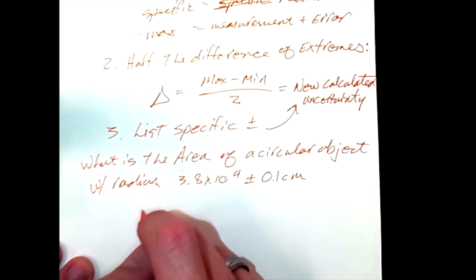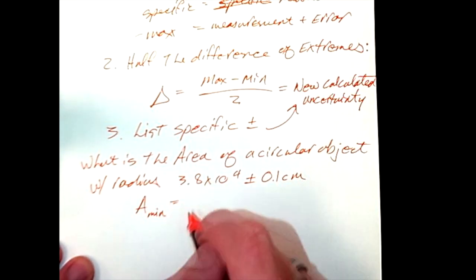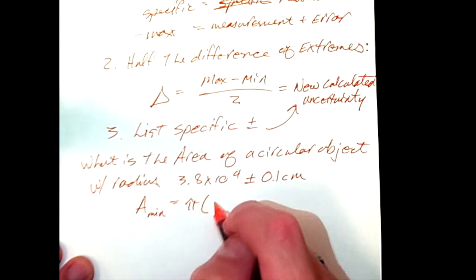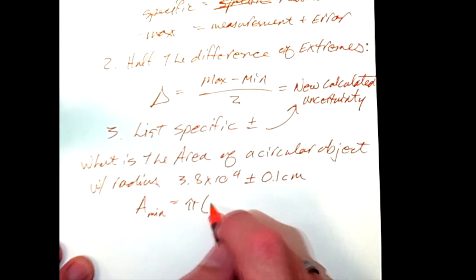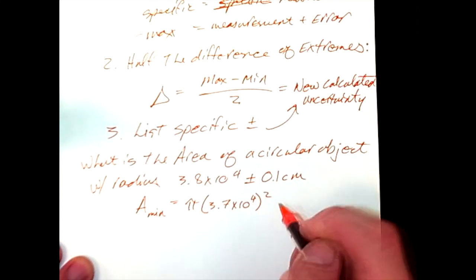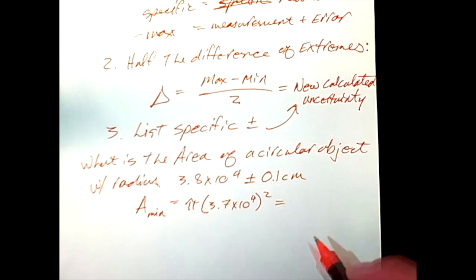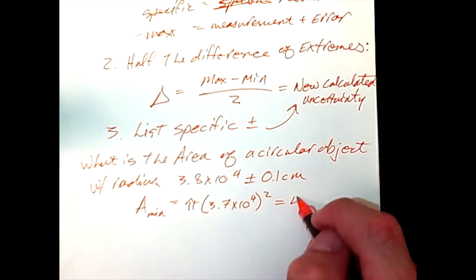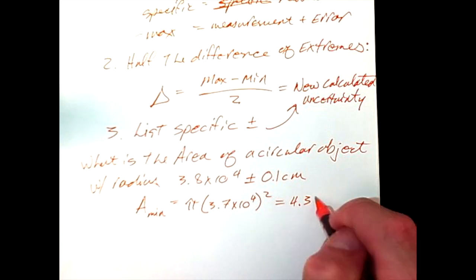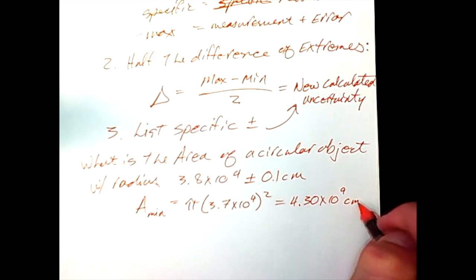So the area minimum will be pi times the minimum value of the r, which would be 3.7 times 10 to the fourth squared. If I do that, I believe I get 4.30 times 10 to the ninth centimeter squared.